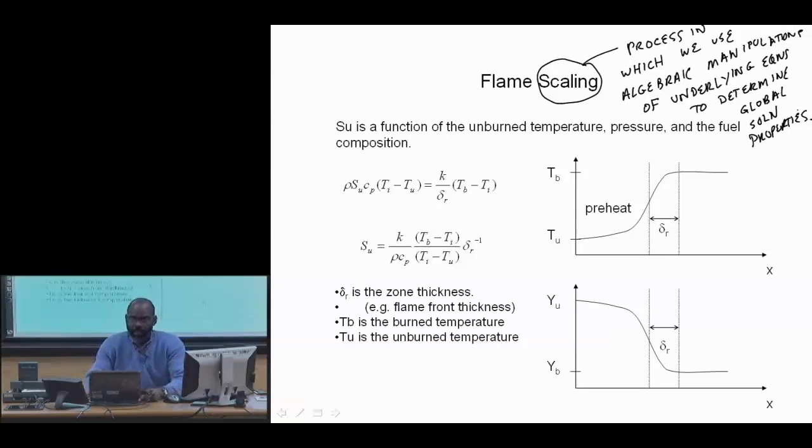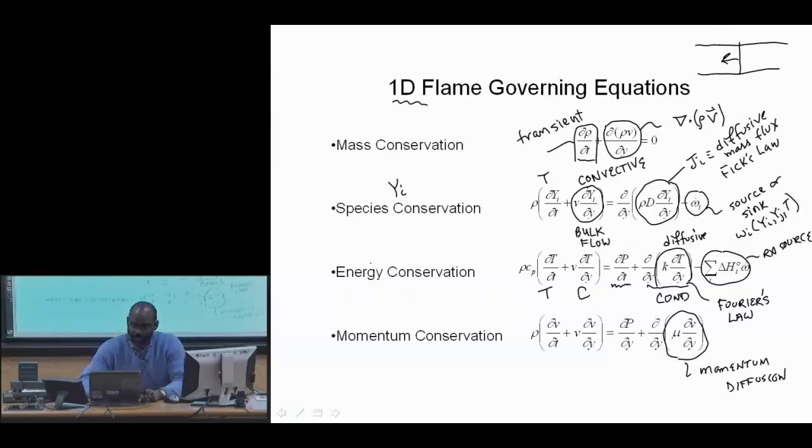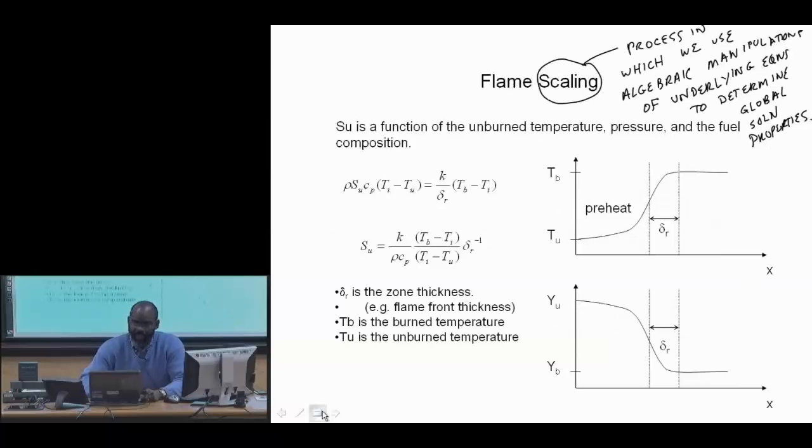So if we, for example, say we'd like to understand how thick the flame sheet is or how fast the laminar flame speed is, we might say to ourselves, well, let's look at the energy equation. If energy conservation were written for a 1D steady system, it would look like this.